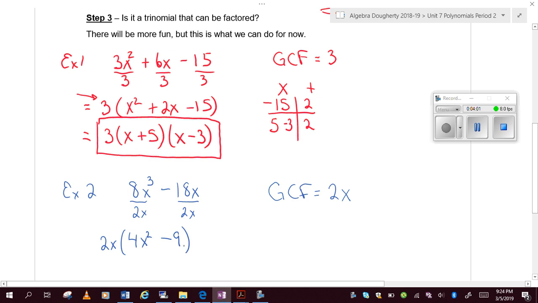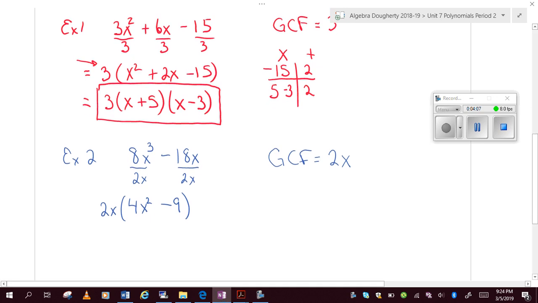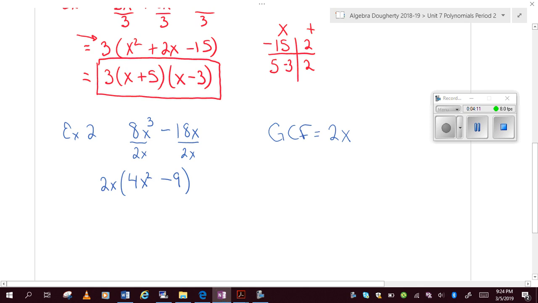And we ask ourselves, okay, we got out the GCF first. That's important. Second, well, it's got a difference of perfect squares, and voila, it does. 4x squared is a perfect square, and so is 9, separated by a subtraction sign.